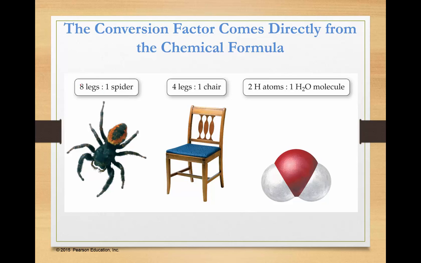That's like 1 carbon for every 1 carbon dioxide. Or if I look at a chair, 4 legs for every 1 chair. I look at water molecules, 2 hydrogens to every 1 water molecule. So it's like the legs on a chair, legs on a spider. If you think of this oxygen atom as being like the body, it's got 2 legs. Think of it that way, maybe.